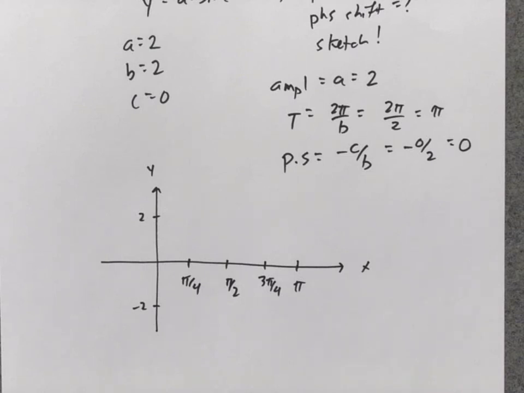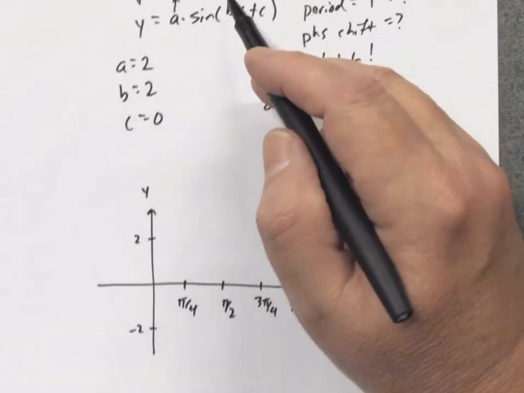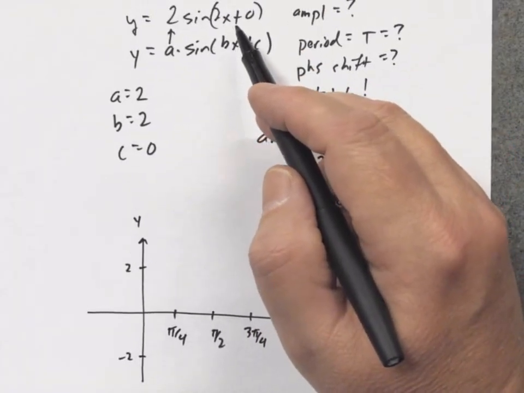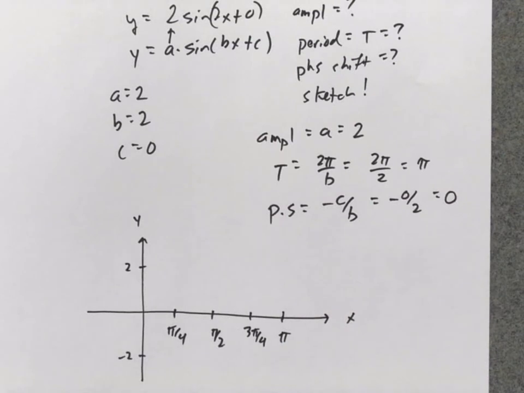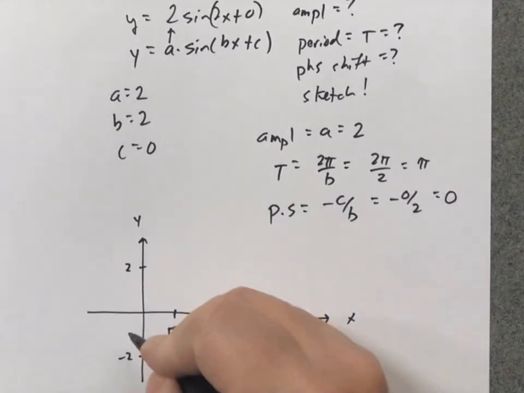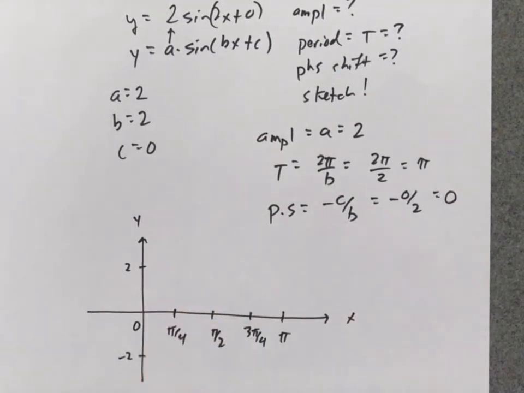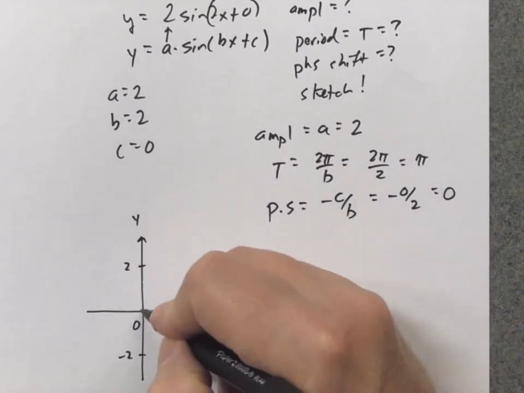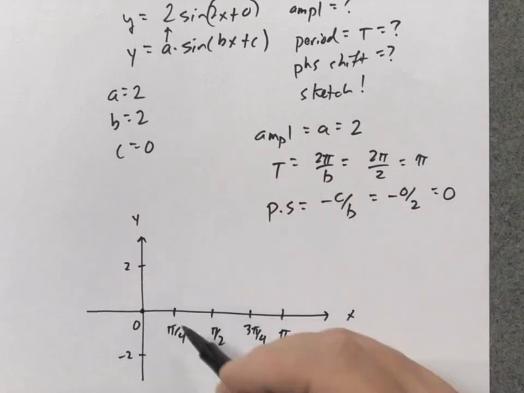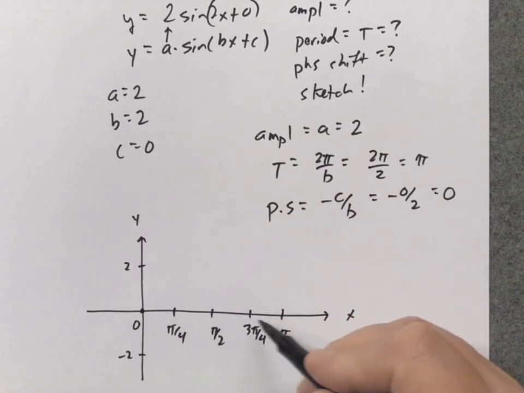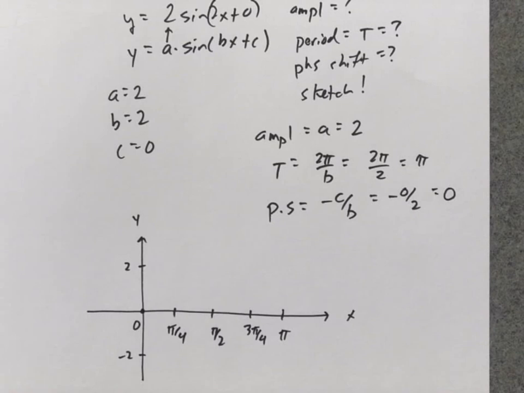Now here's the key. You've got to look at what we've got. We've got a sine wave. A sine wave is one where when the angle is 0 right here, the sine is also 0. So my first point is 0. Now these points here are the key parts of one cycle of the sine wave.